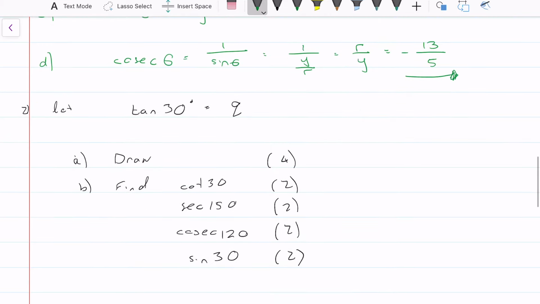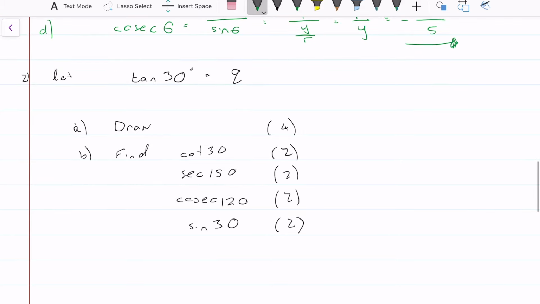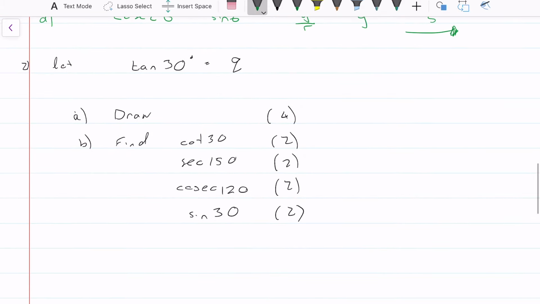First we need to determine where we are on the diagram. We've been given absolutely no information besides the fact that tan is positive, so we're essentially here, or we are here.